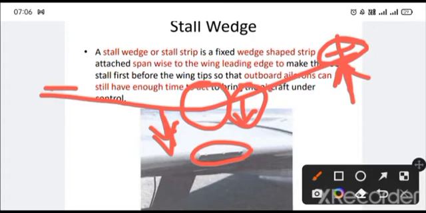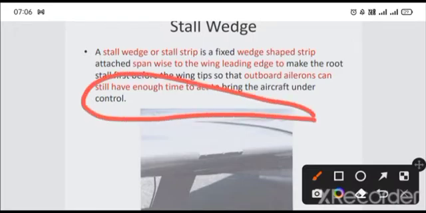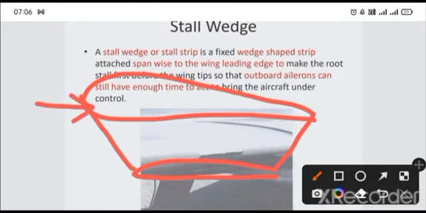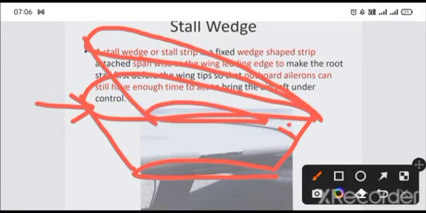That is the reason you will find that the angle at the root is more than the angle at the tip, just like this. The angle at the root is more, but slowly, when it comes down to the tip, the angle is normal. The reason behind that is, with a greater angle at the root, when the aircraft stalls, meaning when its angle of attack increases more, the root section will stall first as compared to the tip section, which will be like this at that time.